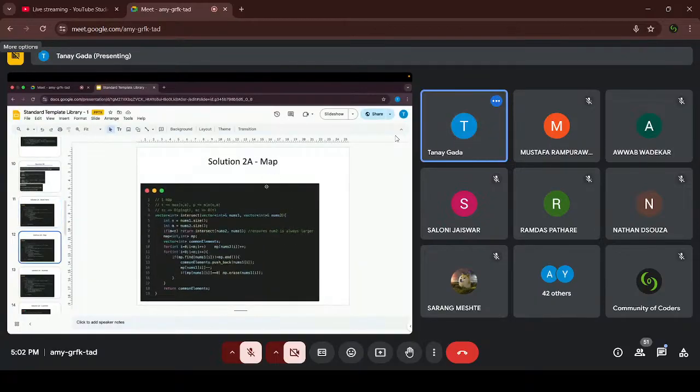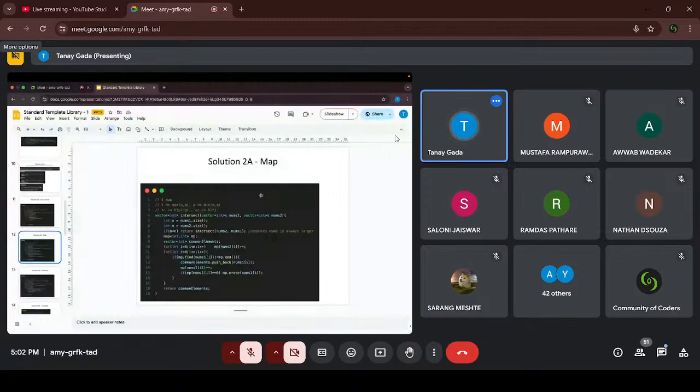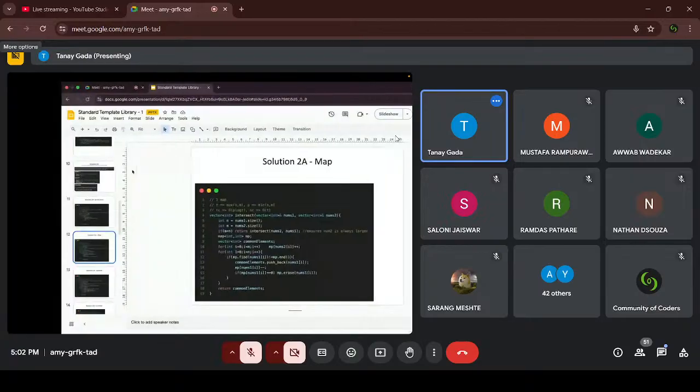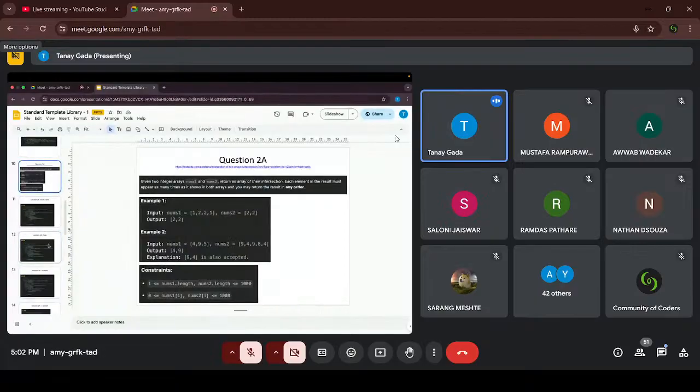Let's see this here. So what we can do is we can insert elements from either nums1 or nums2 into a map.